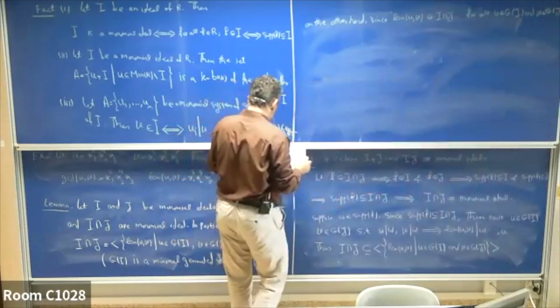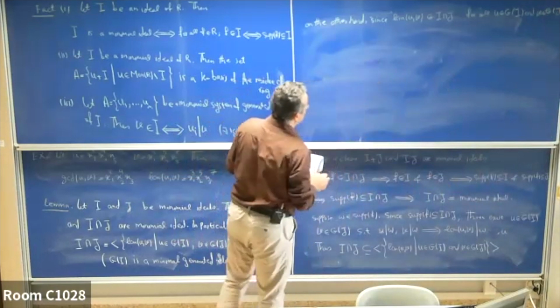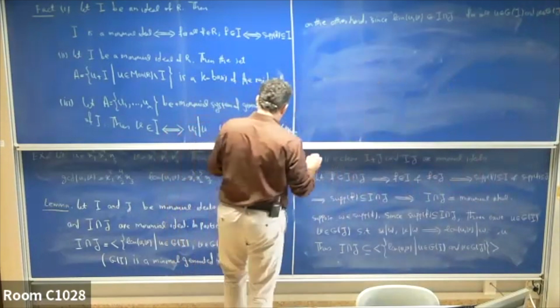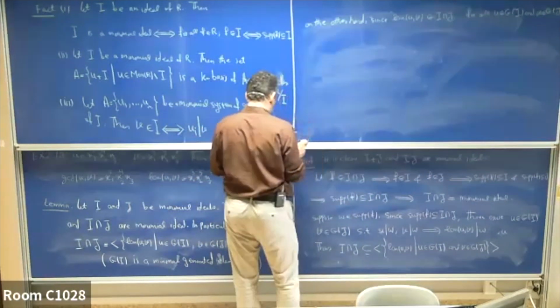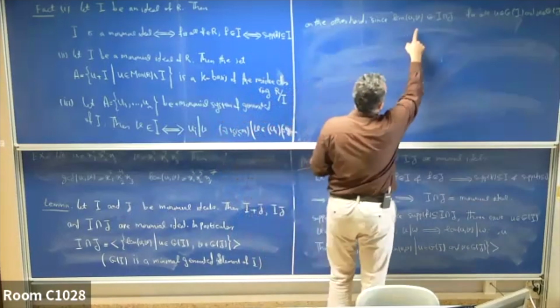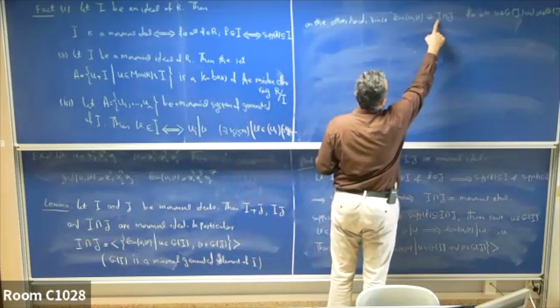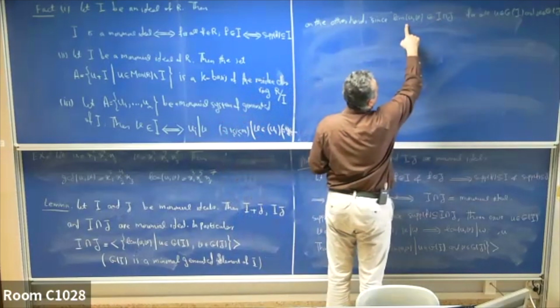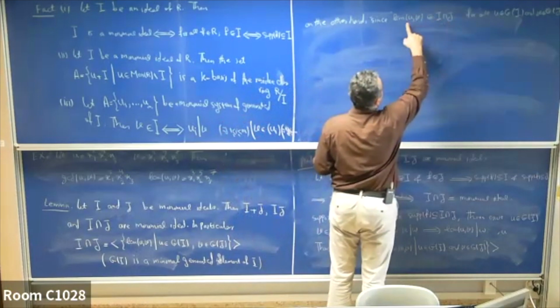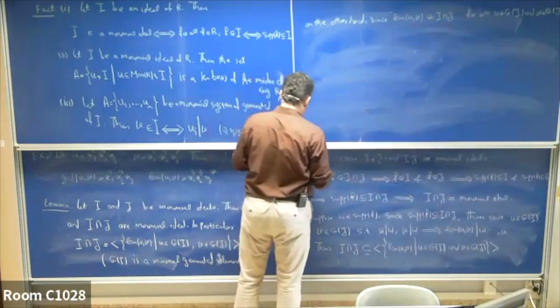So on the other hand, since LCM is in this intersection, we conclude that, because every element of I divides this and every element of J divides this, this is here, and so this is clear.